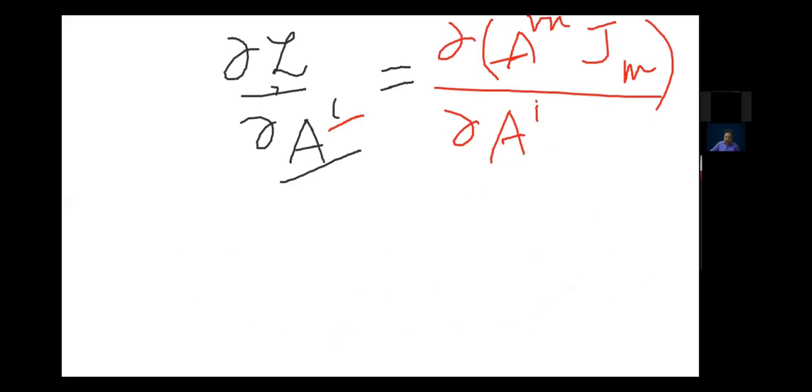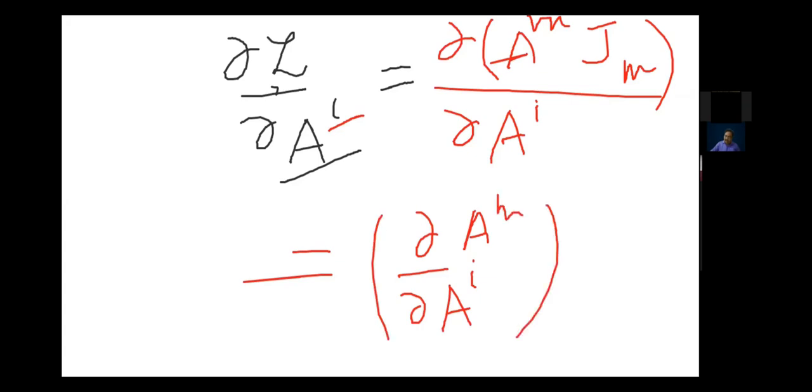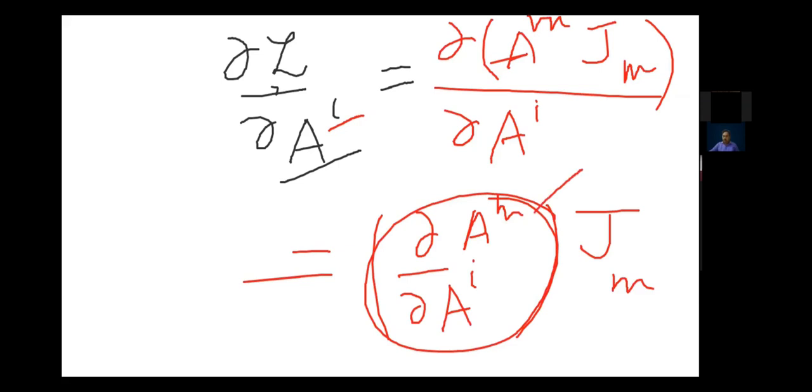You can take this j_m outside if you like, and simply write del by del A_i of A^m, right? And this value will be non-zero only if m is equal to i.